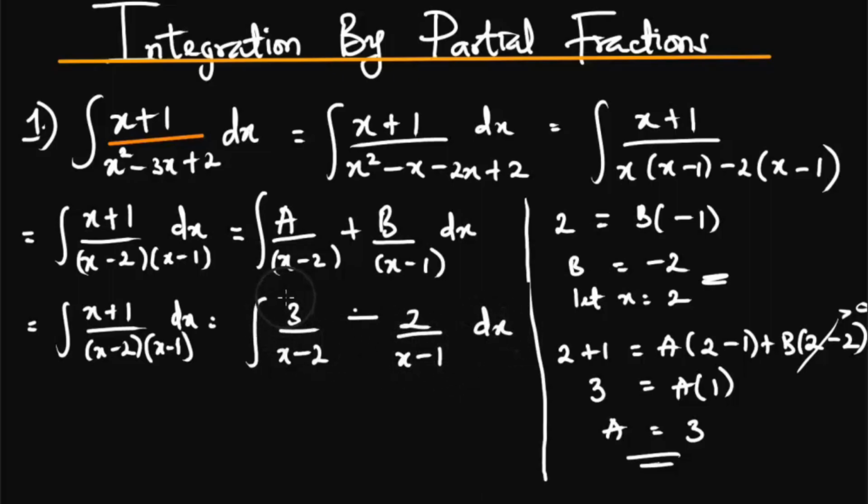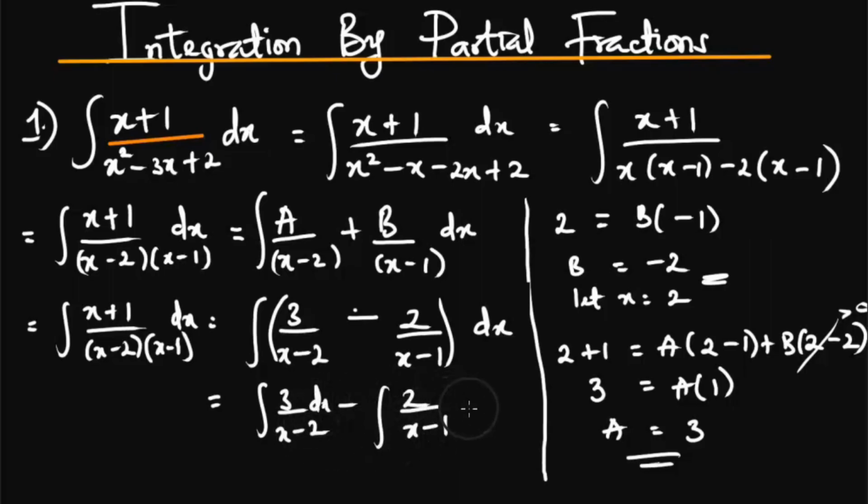So this goes together, we can split the integral. So we have the integral of 3 over x minus 2 minus the integral of 2 over x minus 1, with respect to x.